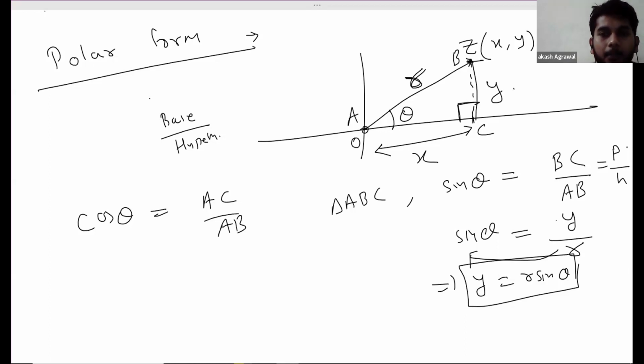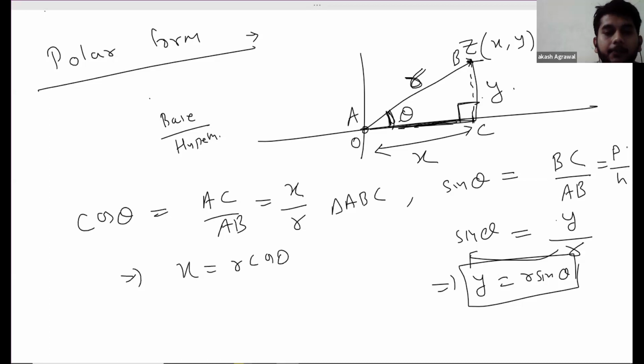What is base? थीटा के साथ जो जुड़ा हुआ है ना नीचे, that is base. थीटा के सामने वाला is perpendicular. So AC by AB, AC is X, AB is R. So we can say X is R cos theta. This is clear? Yes, sir.